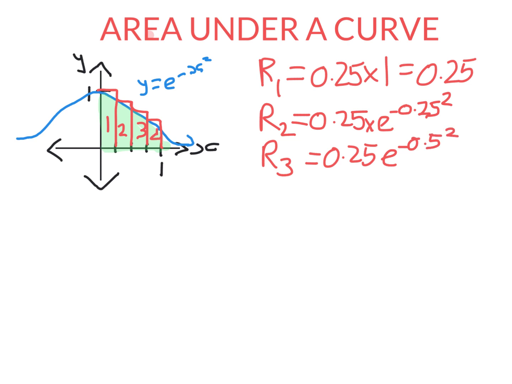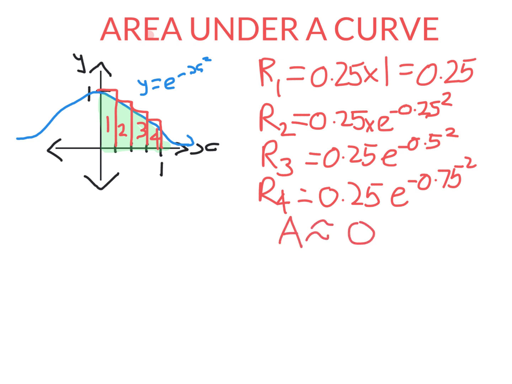And then for the fourth rectangle, you guessed it, once again 0.25 is its width, and its height will be e to the minus 0.75 squared. So it turns out if we put this on our calculator, we get the area being approximately 0.822.